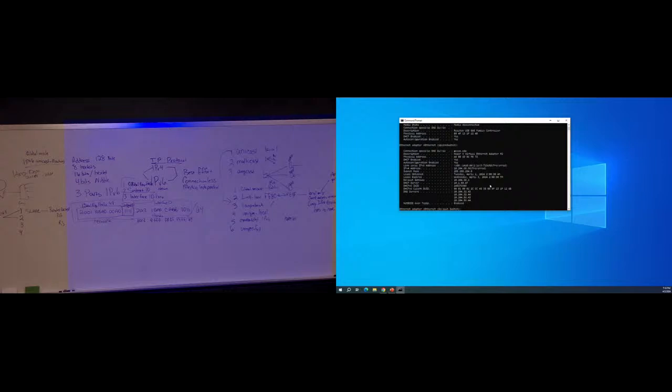Does everybody see where it says auto configuration enabled? And then it says yes? That's SLAAC. So we can tell that SLAAC is working on our network for IPv6. We can also see for IPv4, you can look right above the auto configuration and see DHCP enabled, and it says yes. So if you look at yours, does everybody see that? Okay, good.